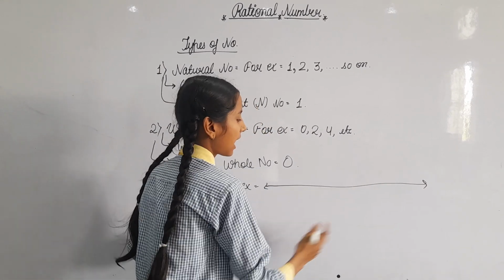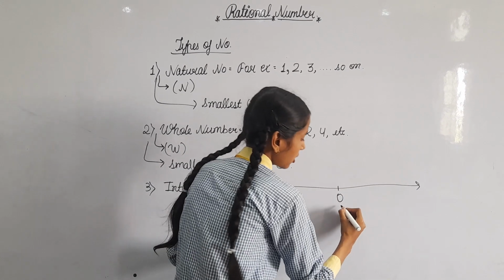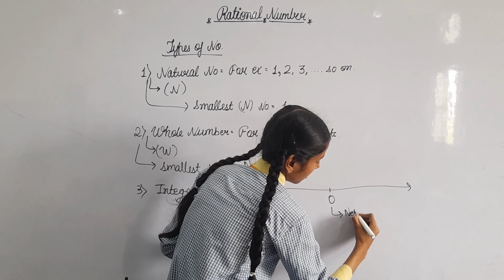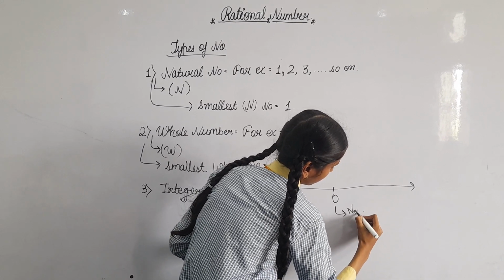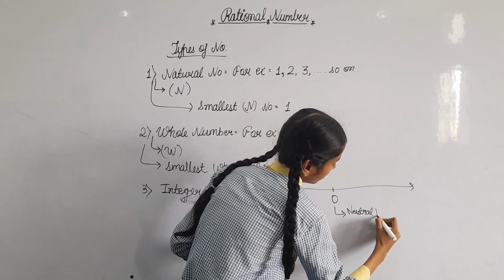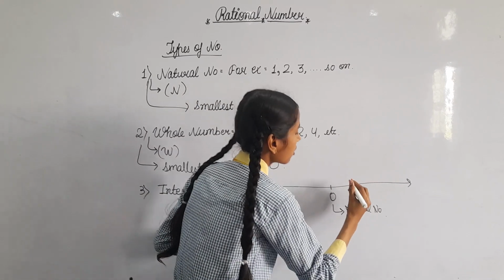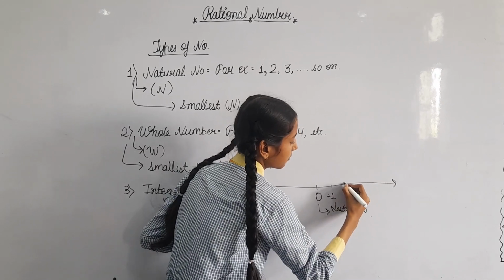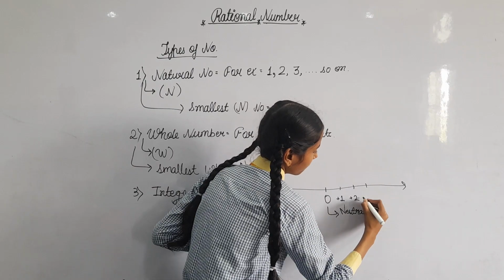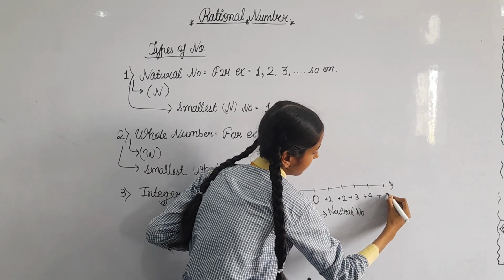In the middle of the number line, there is 0, which is also called neutral number, and on the right side of 0 we find that all the numbers are in the positive form, just like +1, +2, +3, +4 and +5.